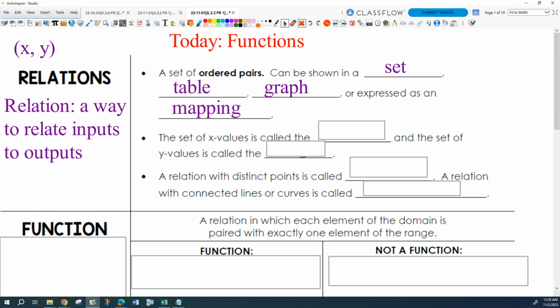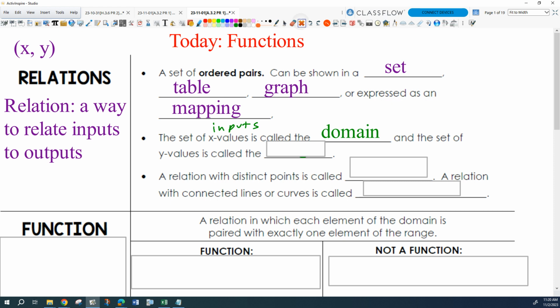Okay, so function or relation, we need a way to talk about the set of the inputs and the outputs. What do we call the set of x values, or more generally, the set of all inputs? They don't necessarily have to be x values. It starts with a D. Domain.